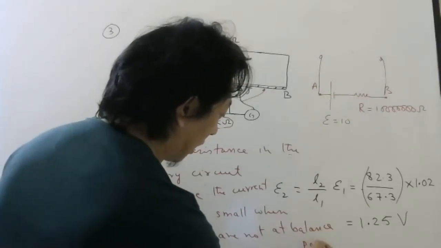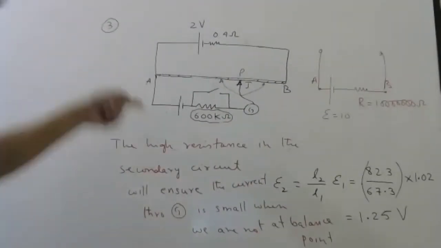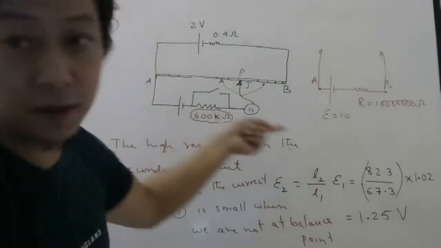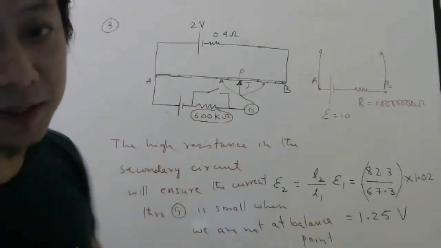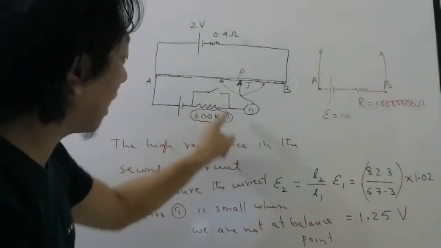When we are not at balance point, you don't want too much current to flow here. Otherwise, the galvanometer may get damaged. So for that purpose, to keep the current small, we are putting here a high resistance.